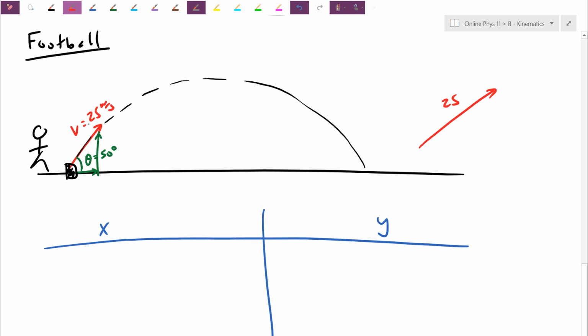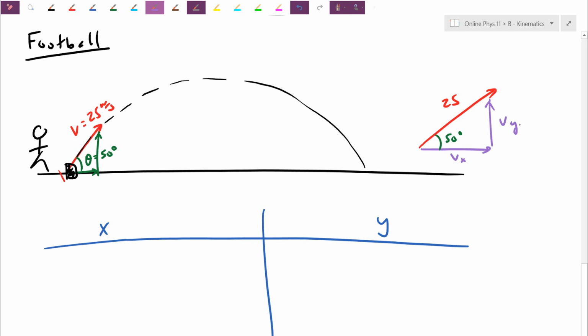However, the speed they give me is after my foot is no longer touching the ball. The ball is already being launched at 25. Because my foot is no longer touching it, I cannot speed it up or down from this 25 at 50 degrees. It's as if I cannot influence the ball anymore. So I know the hypotenuse is 25, and I know theta is 50 degrees. Would you be able to find for me how much is x and how much is y?